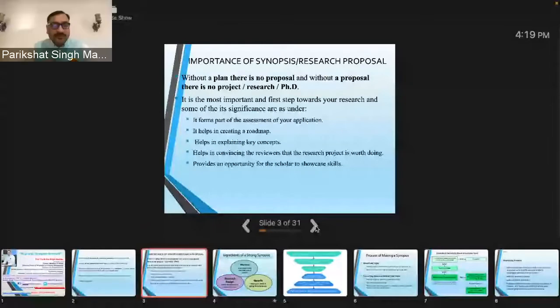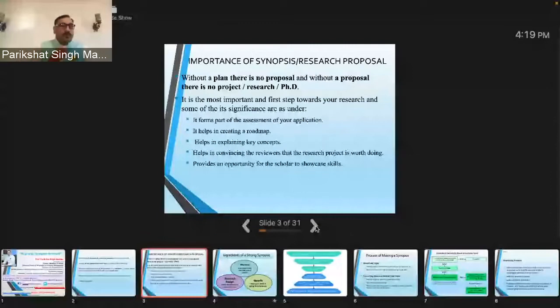So what I always keep referring to my scholars is that always try to have a hang of the key concepts that you are working on. If you don't have a hang of it, build up a roadmap of how you are going to build it up. And a research synopsis helps you to create that roadmap.